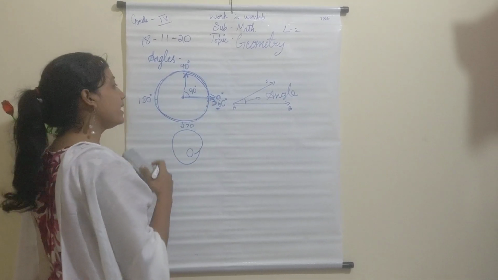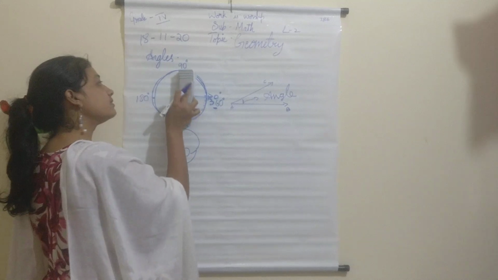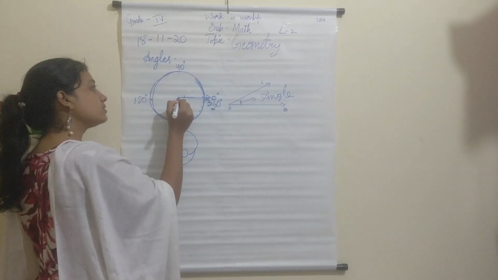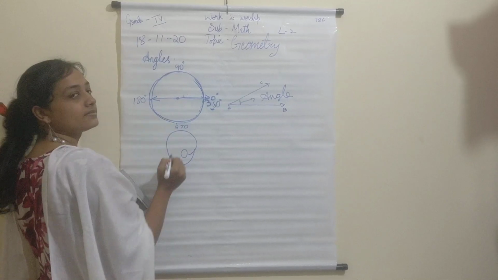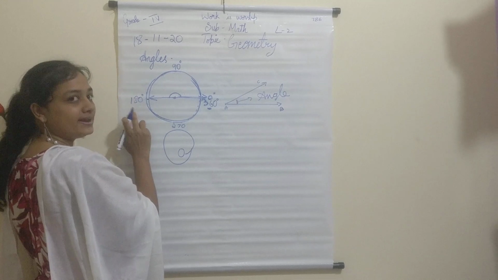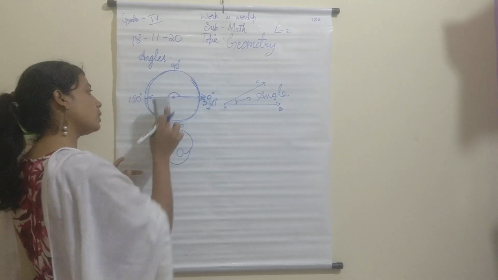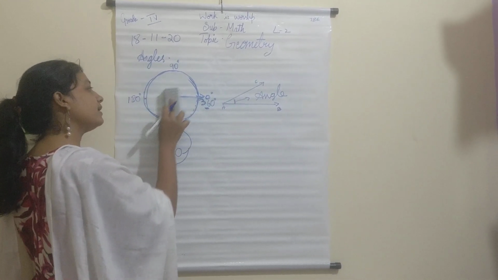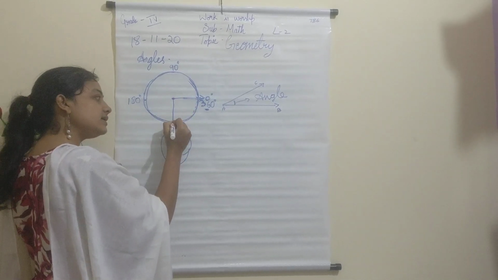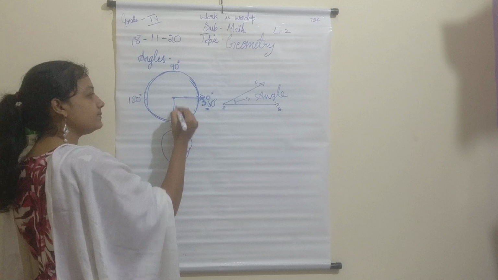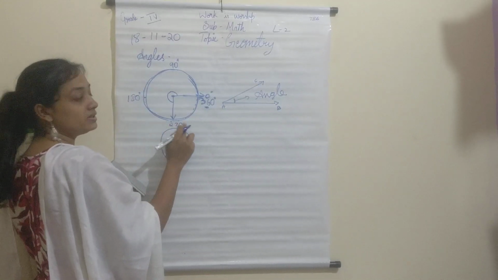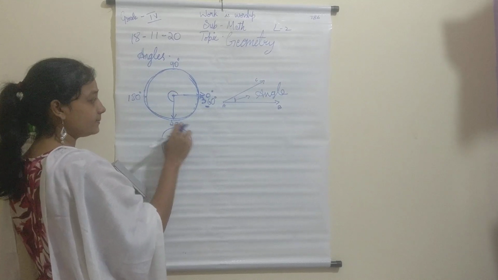And if the ray comes here, the angle between these two rays is 180 degree. And now this ray, if it goes to here, then it means the angle completed will be 270 degree.